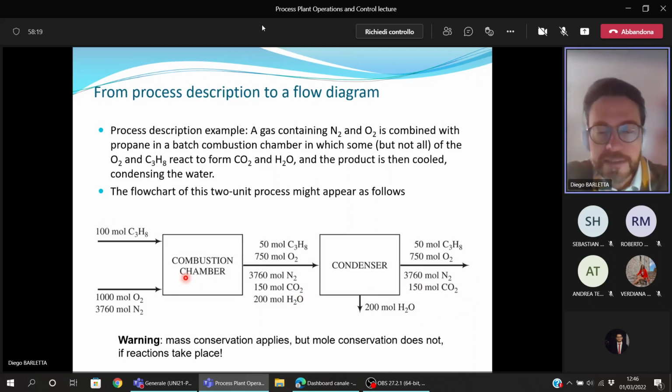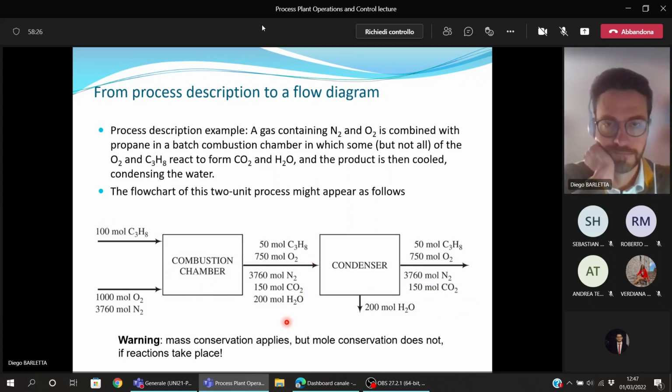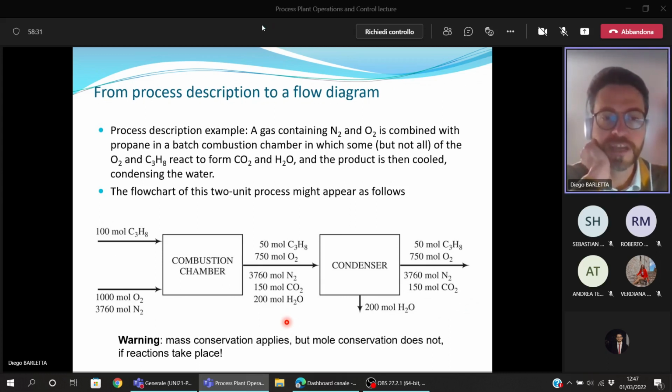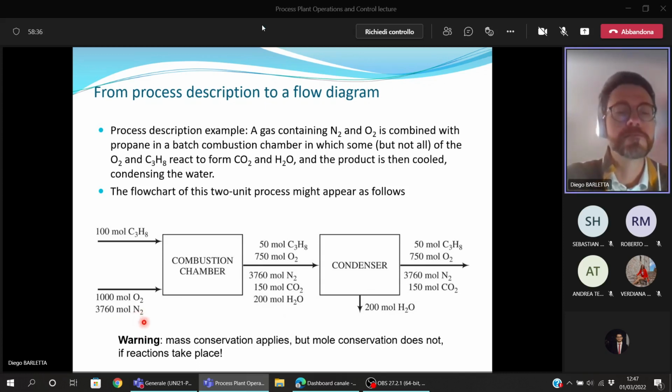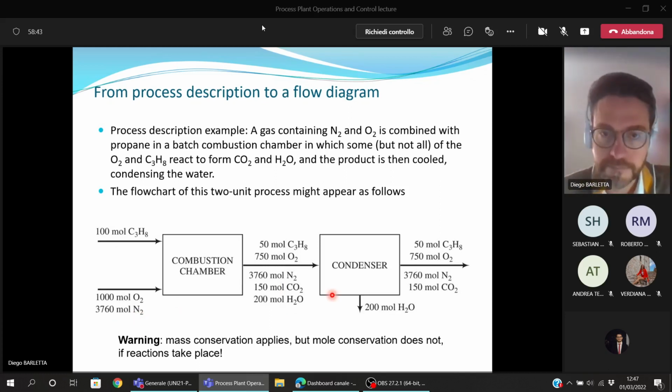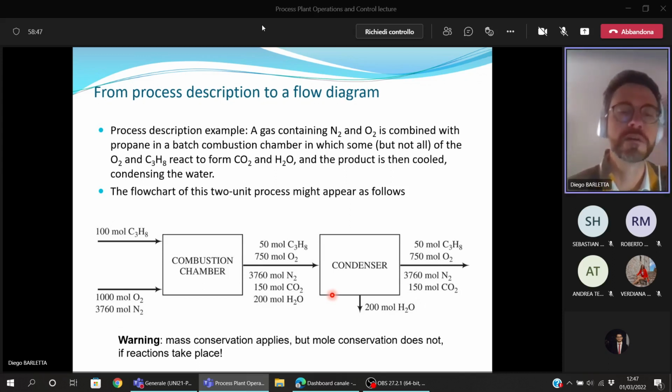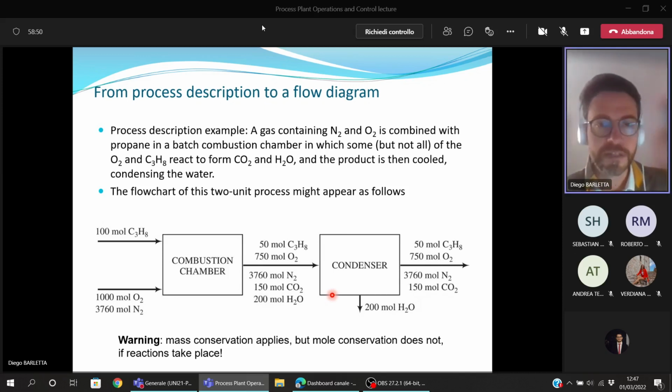Now we can see that in this flowchart, we have moles. And so we can see that in some cases, for some species, the mole entering are equal to the mole leaving. In some other cases, there is a reduction or an increase of the mole relevant to that particular chemical species.